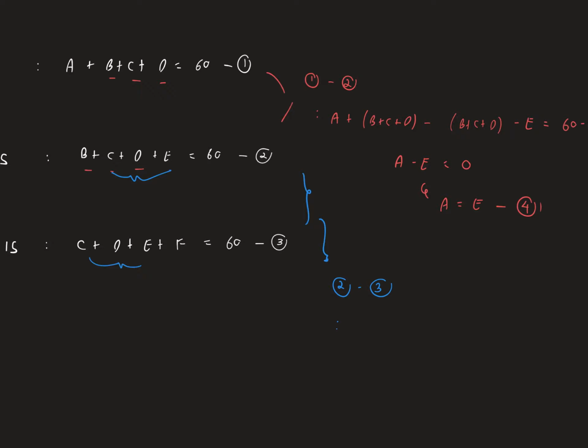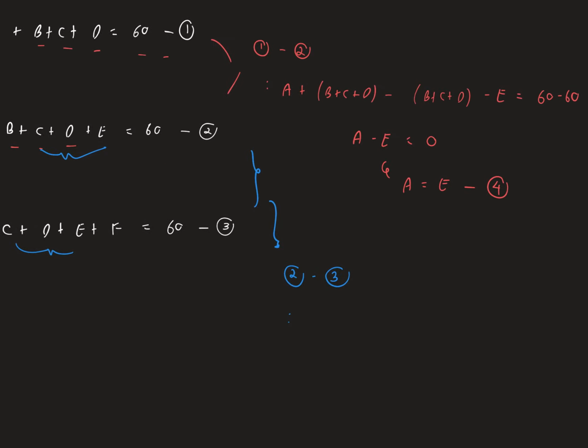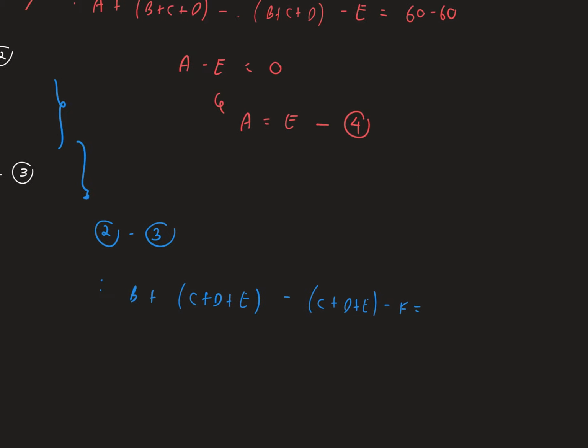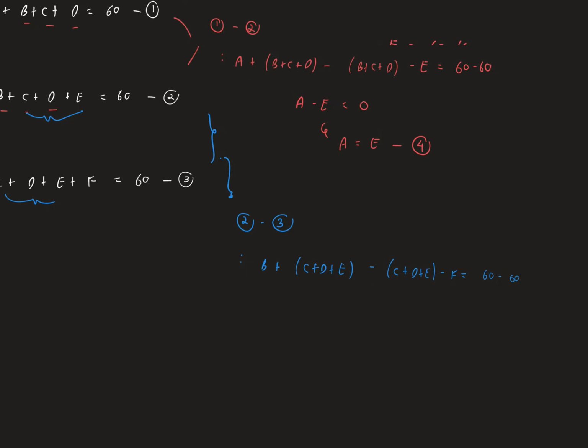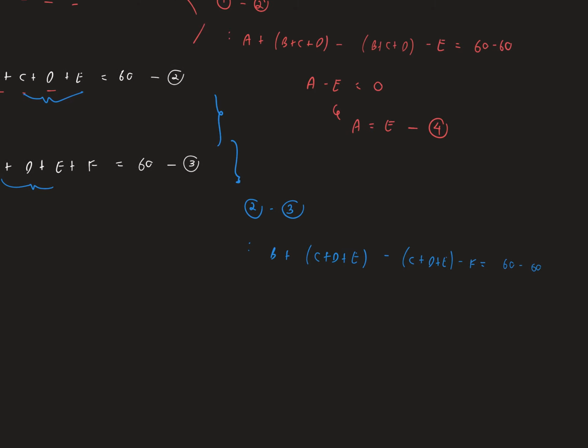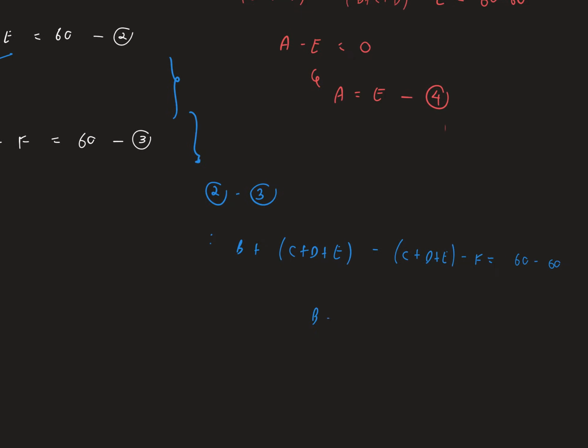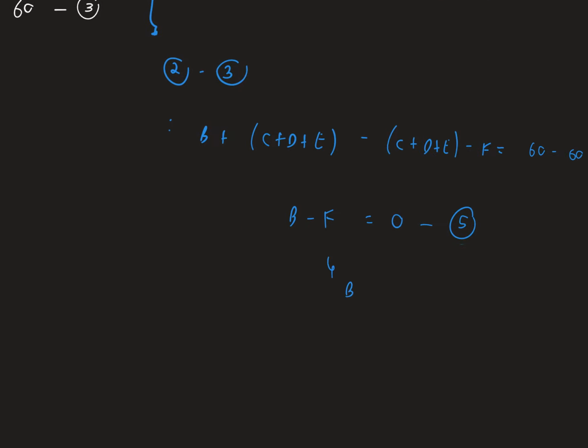So the result is B, then plus C plus D plus E, then minus C plus D plus E, and minus F equals 60 minus 60. So everything looks quite familiar and similar. So B minus F is 0. So this is our fifth equation, or in other words, B is F.